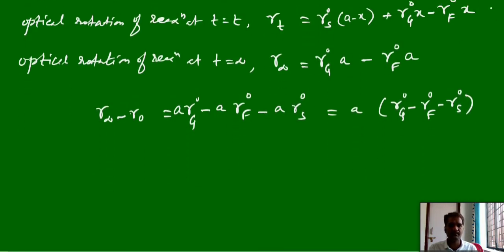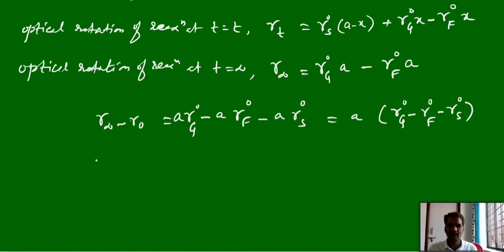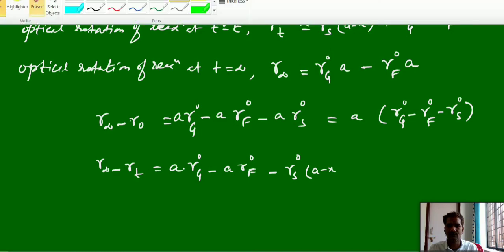Now similarly, R infinity minus RT. Again, what is R infinity? A into R G naught minus A into R F naught, and this is the RT. So minus of R sucrose into A minus X, or A minus X of R sucrose.